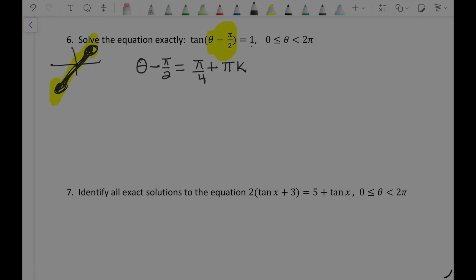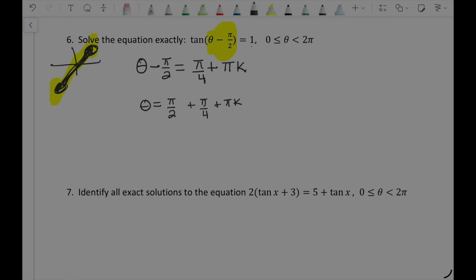I'm going to solve this for theta. Theta now equals, I'm going to add pi over 2 to the other side. There was already a positive pi over 4 there and a pi k. I can't add the k to the other stuff, right?